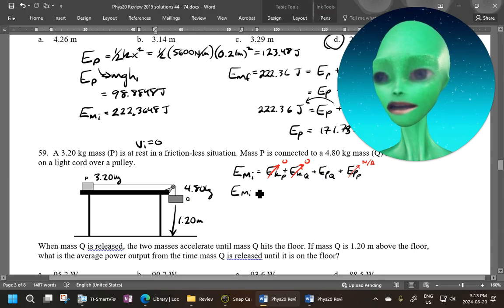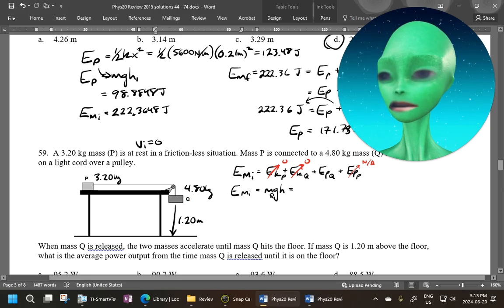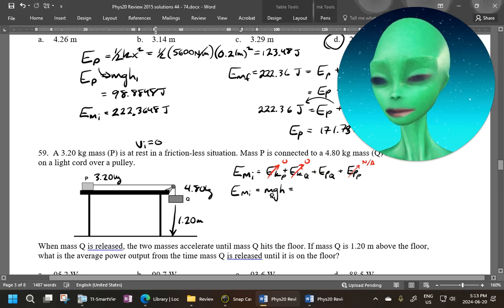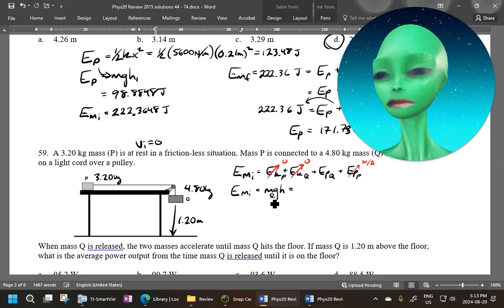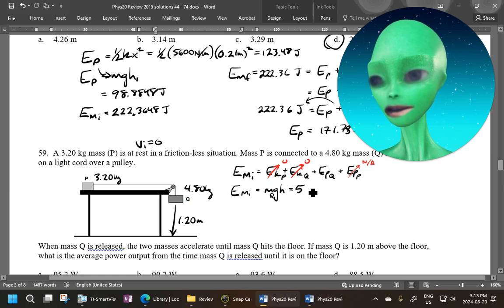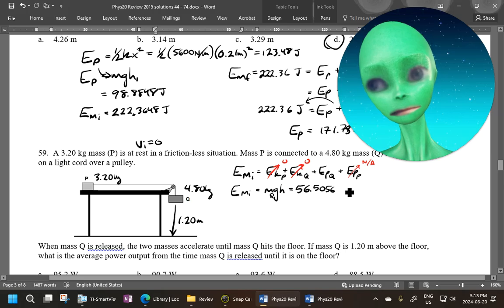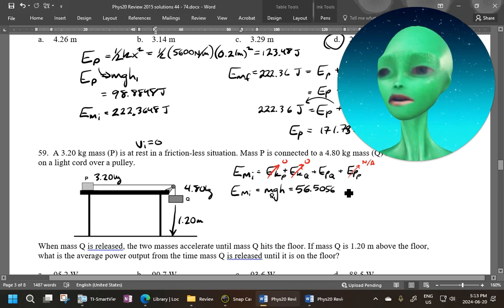So my mechanical energy here is just going to be mgh of just Q. All right, so this is the mass of Q. So all together, 4.8 times 9.81 times 1.2. So the amount of energy I have in the beginning of the system is 56.52 joules.